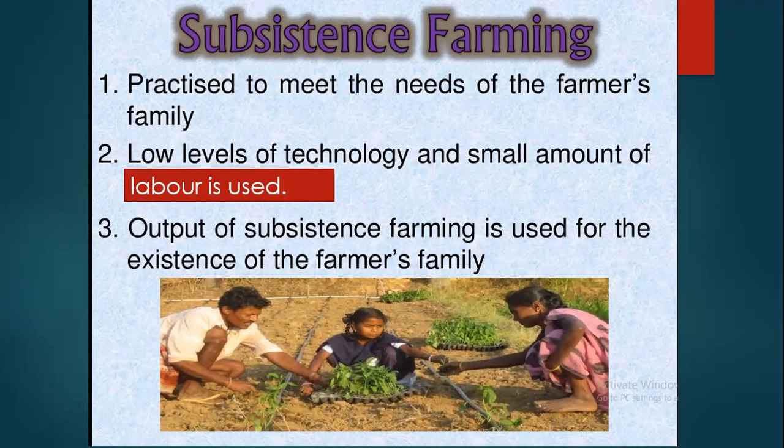Sometimes only the members of the family work in the field. Whatever production comes from subsistence farming is used for the existence of the farmer's family. They may not have that much production to sell in the market. They use it for their existence.